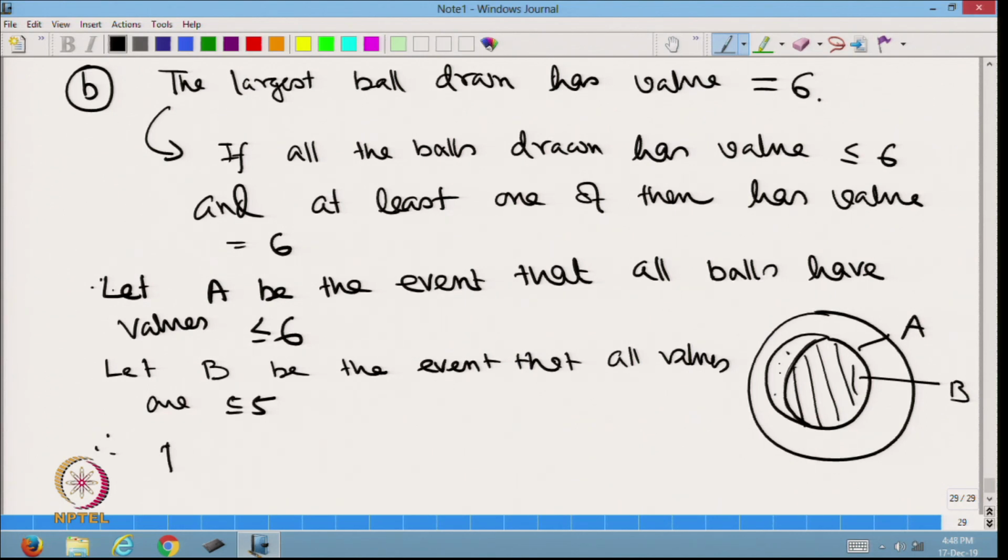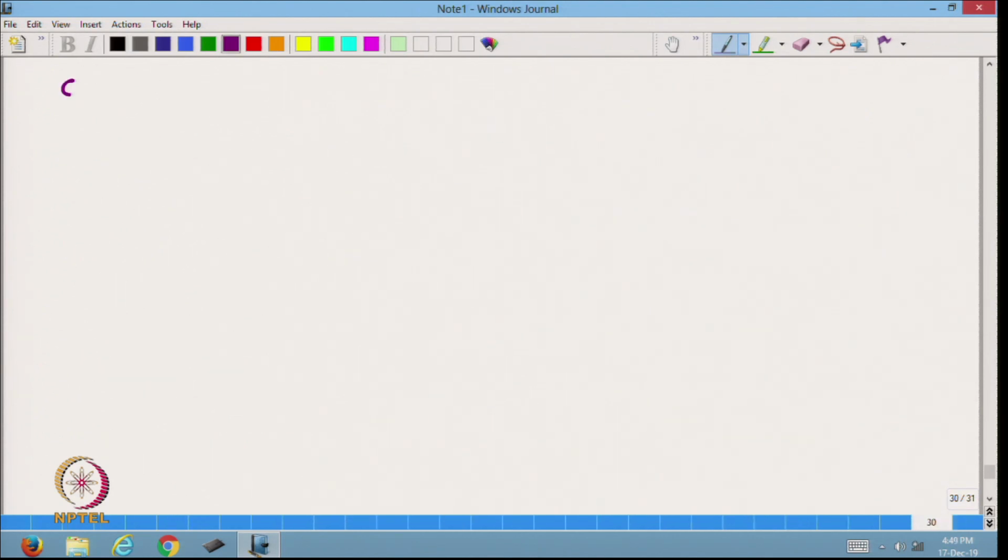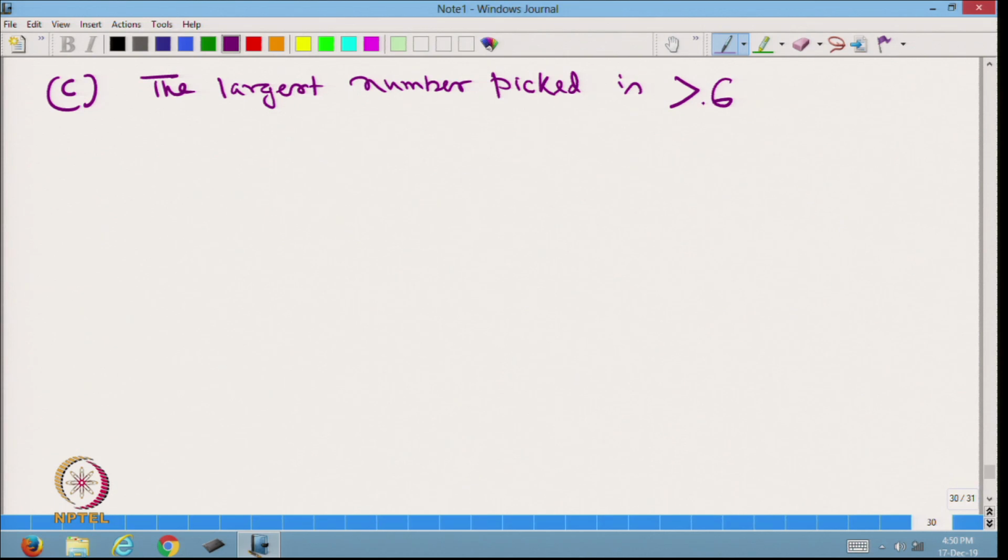Therefore, the probability of the event B is equal to 0.6 whole to the power n minus 0.5 whole to the power n. See, the event is that the largest number picked is greater than 6.